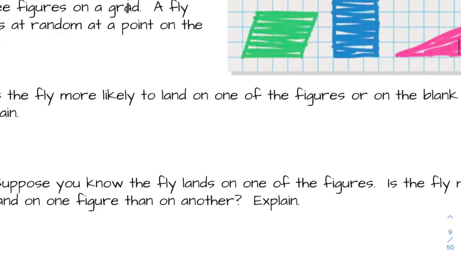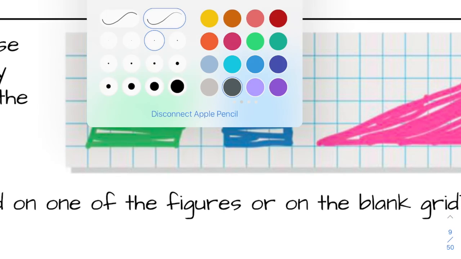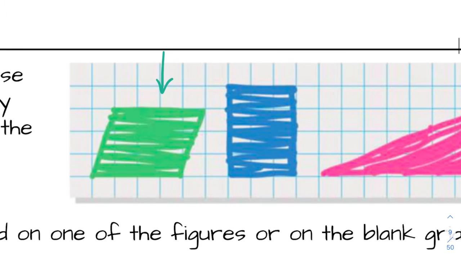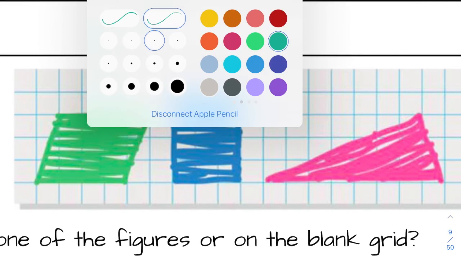So, explain. Well, to save time, I'm going to do the work for you. So this one has an area of 4 times 3, which is 12 units squared. This one also has an area of 12 units squared.